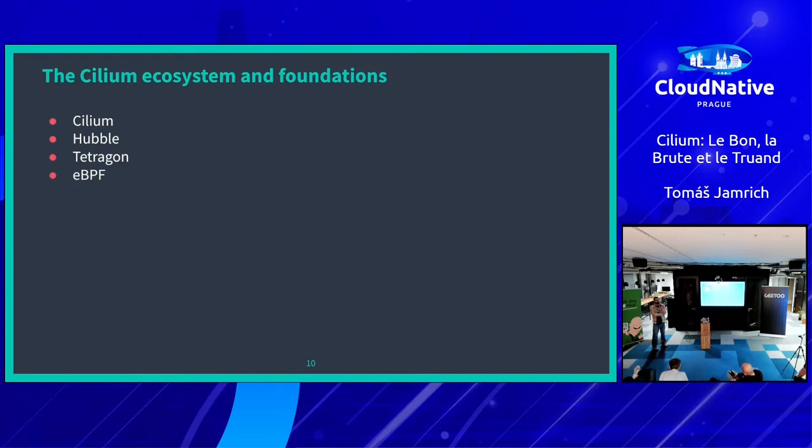Okay, Cilium itself could be considered a family of products or a family of tools because they have multiple of them. So we are not just talking about the container network interface, but more plugins that they offer. First of all, it's Cilium. The other very interesting tool is called Hubble. The youngest member of the family is Tetragon, and all these technologies are backed up by eBPF.